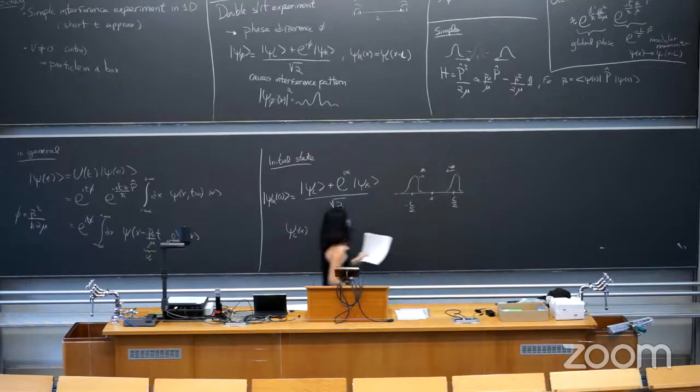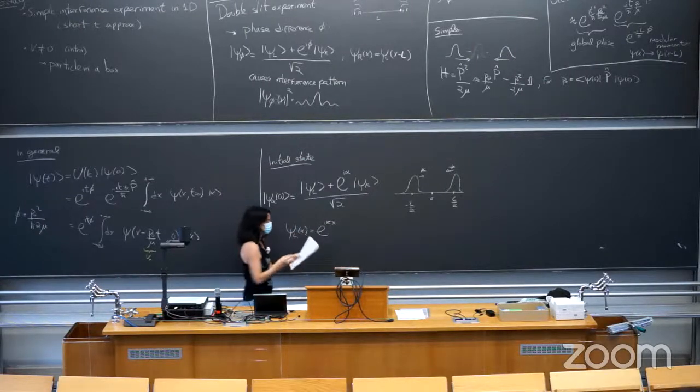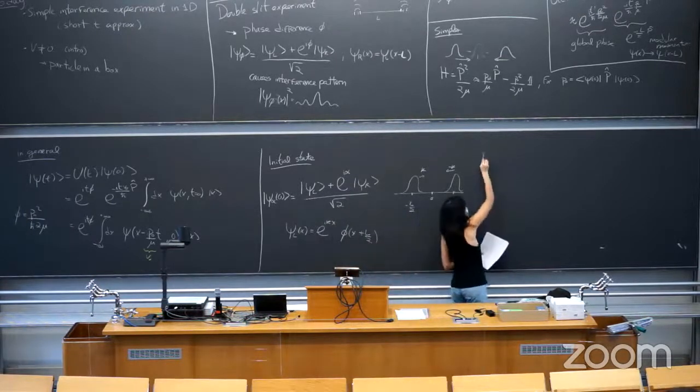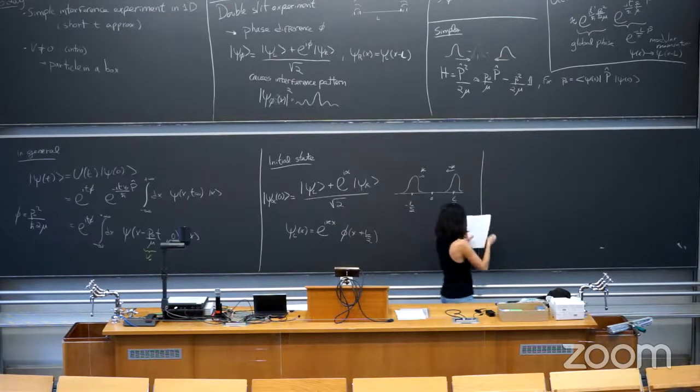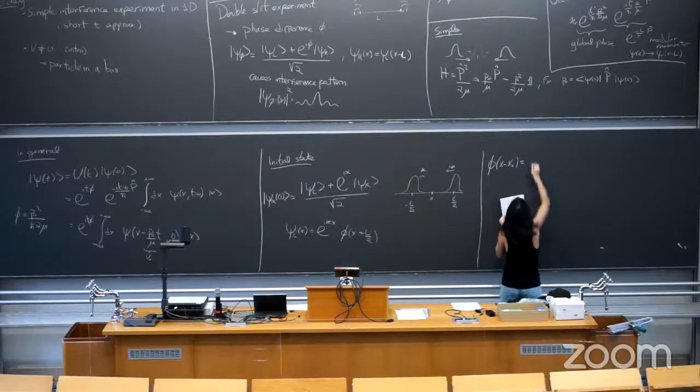So what's this? Well, e to the ikx, and now we have a Gaussian of x plus L over 2, with sigma squared.